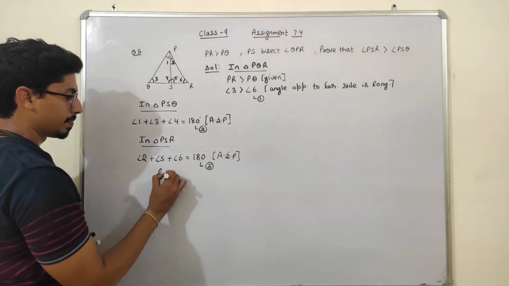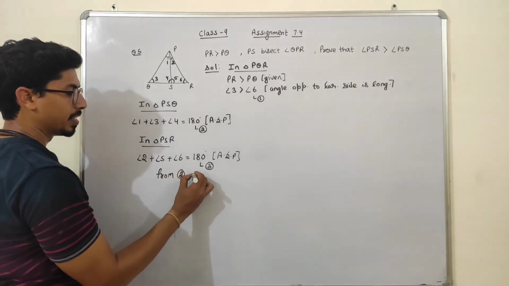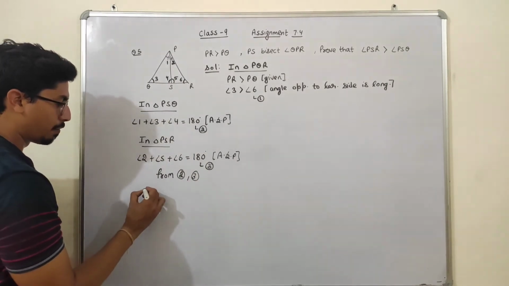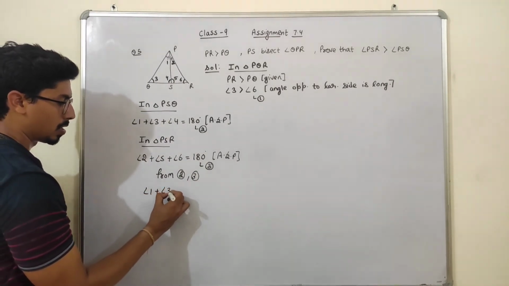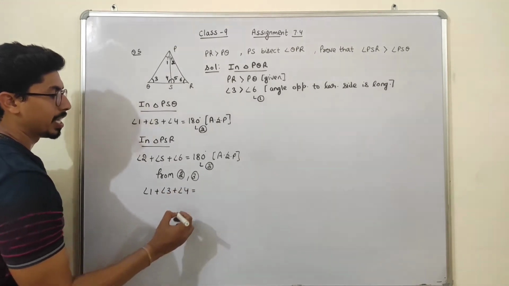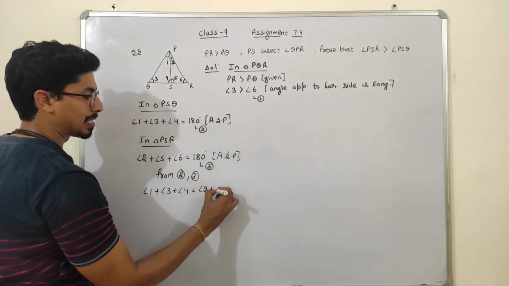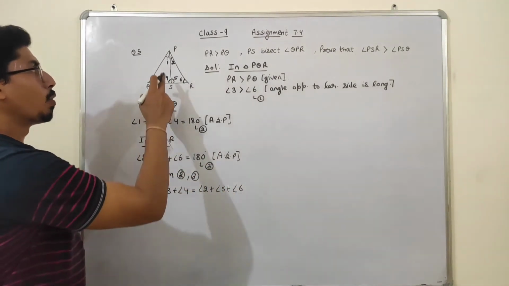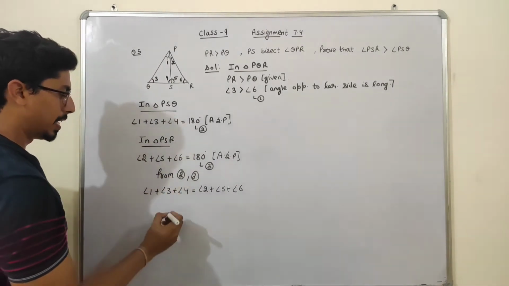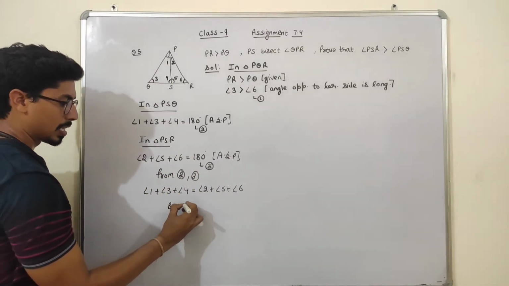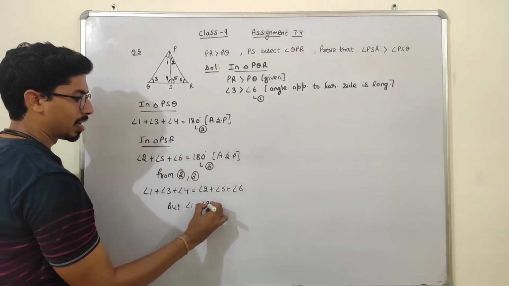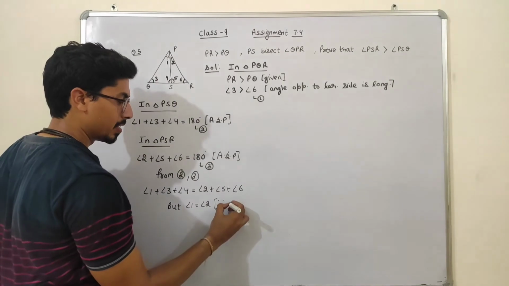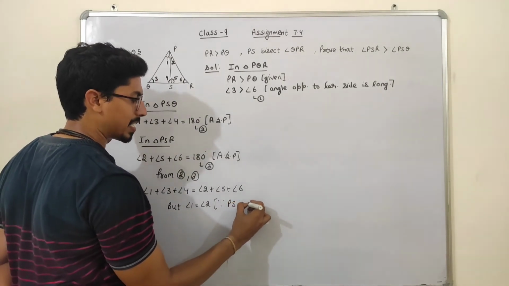So from 2 and 3, I can say that angle 1 plus angle 3 plus angle 4 is equal to angle 2 plus angle 5 plus angle 6. But students, angle 1 is equal to angle 2 because PS is the angle bisector.